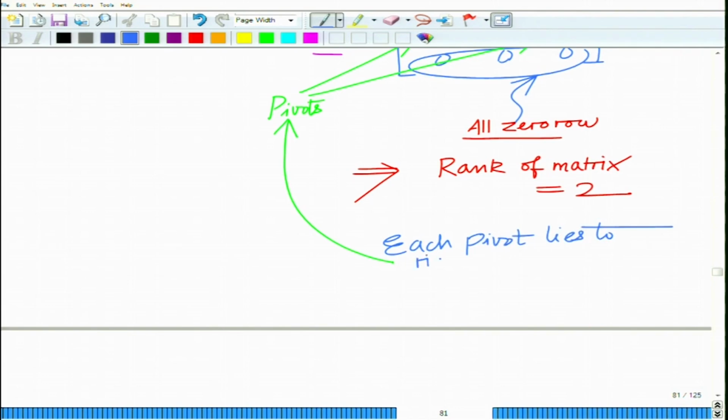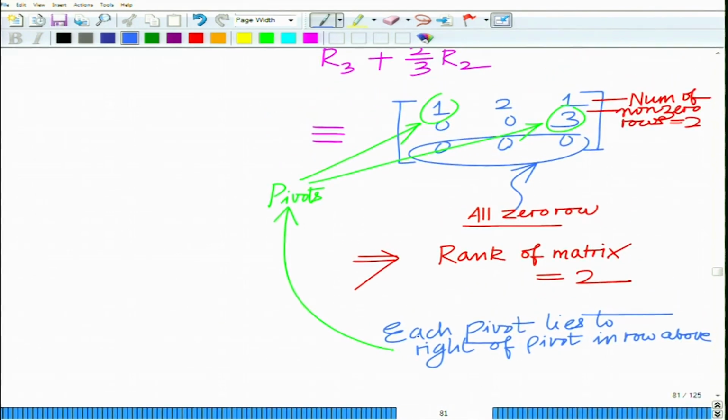And therefore, the rank of the matrix is 2, and this is obtained via Gaussian elimination.